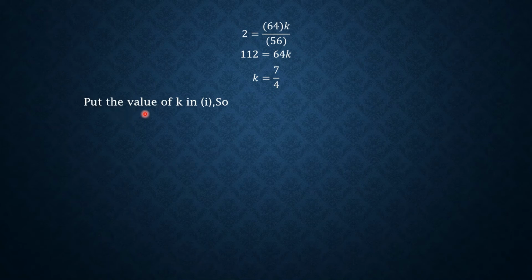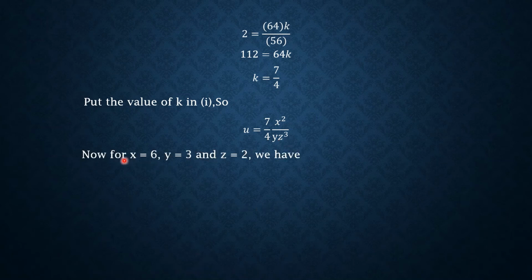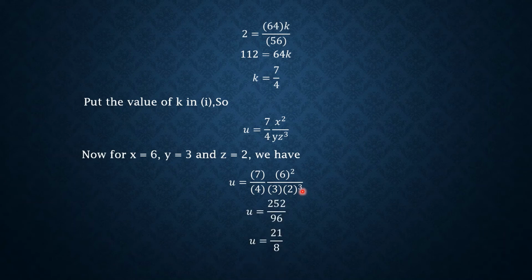Now put the value of k in equation number 1. So equation number 1 can be written as u equal to 7 by 4 into x square by yz cube. Now for x equal to 6, y equal to 3 and z equal to 2, we have u equal to 7 by 4 into 6 square divided by 3 into 2 cube.